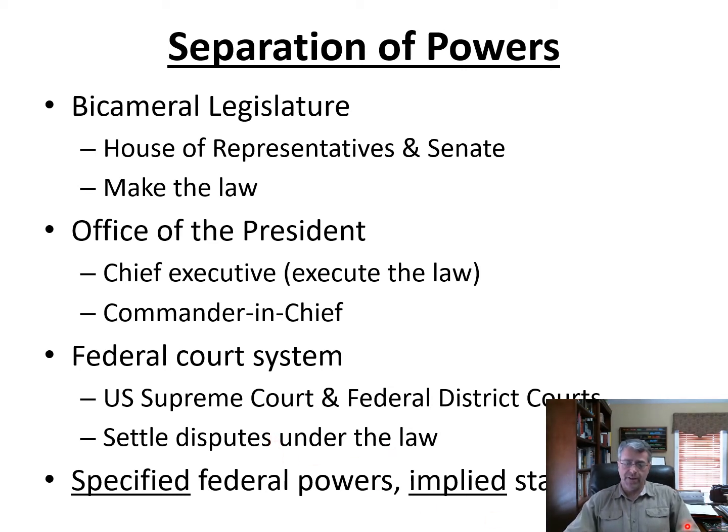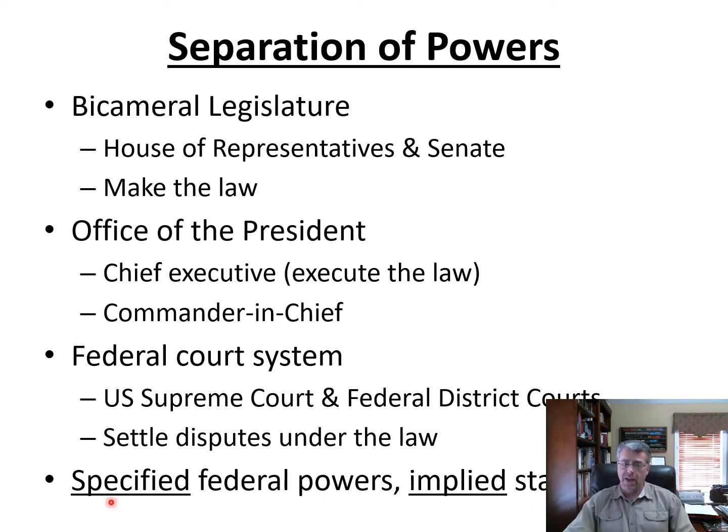And when we talk about these powers outlined in the Constitution, we can see that the Constitution itself specifies several powers that belong to the federal government. The federal government now has the power to tax, the power to raise an army, the power to regulate trade. So these specific powers outlined by the Constitution as federal powers, they don't specify any state powers, but it is implied that anything not specified by the Constitution as a federal power will become the powers retained by the state governments.